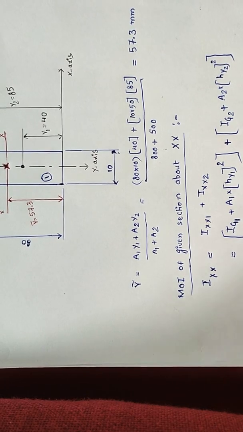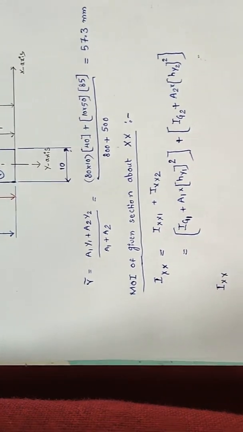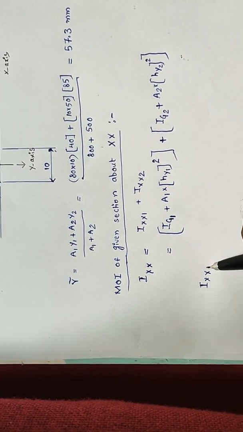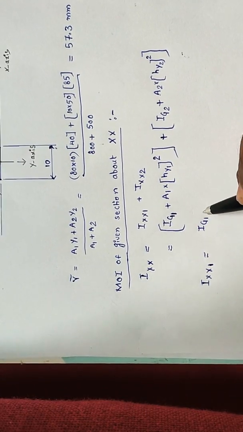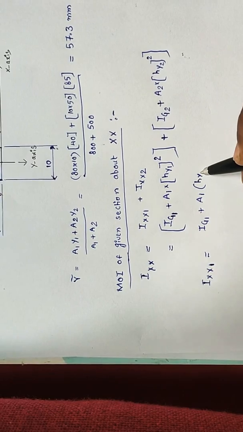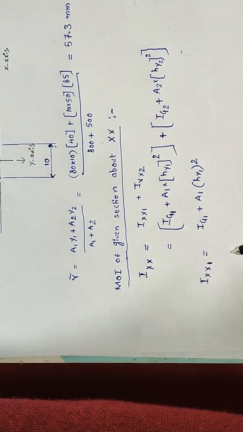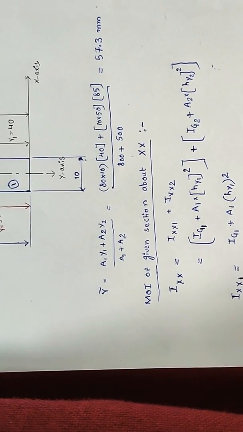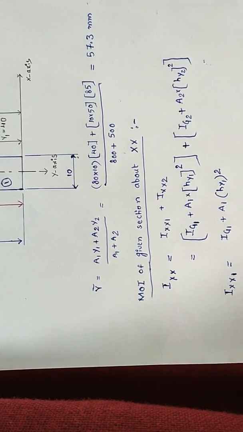So first one, Ixx1, using the parallel axis theorem, means here Ig1 plus A1 into hy1 square. So Ig1 means moment of inertia of the first element about its centroidal axis.